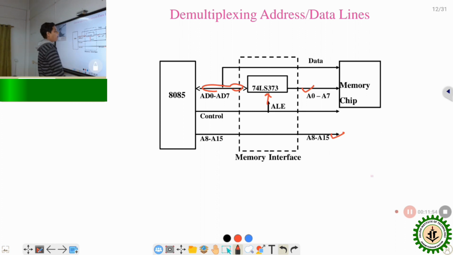Once the particular section of the memory element is enabled, the data of that section is communicated through the data lines. So AD0 to AD7 now act as data lines for the rest of the cycles.